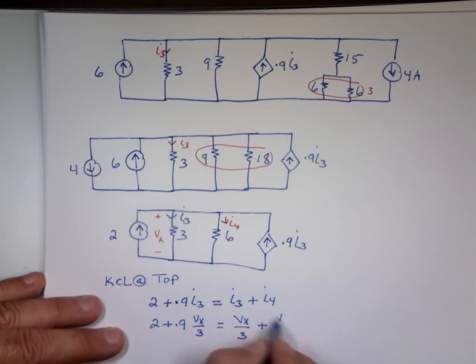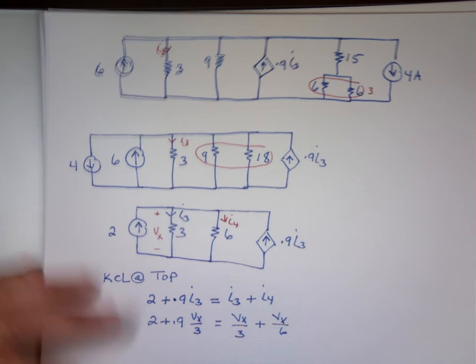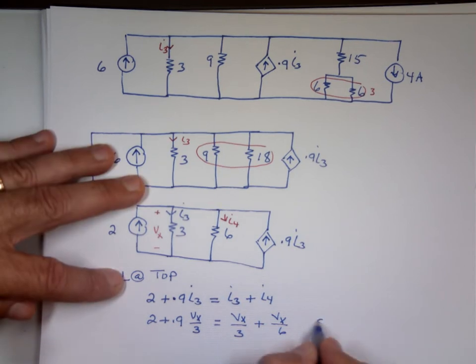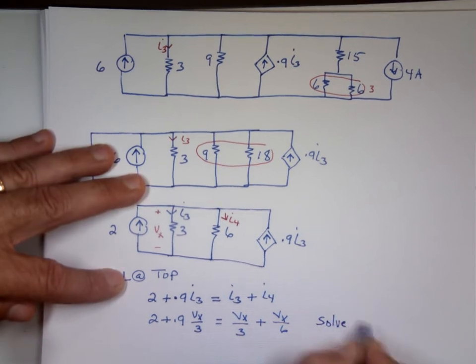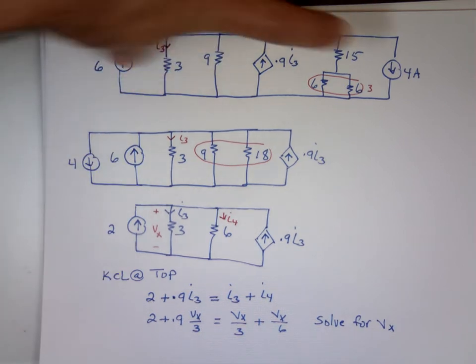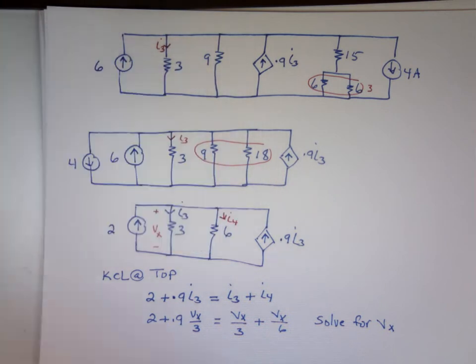Vx over 6. How many unknowns you see there? 1. You solve for Vx. And once you have Vx, you have everything. But notice, we took that circuit, replaced it with this, which is much easier to handle. I'll stop. We passed the time.